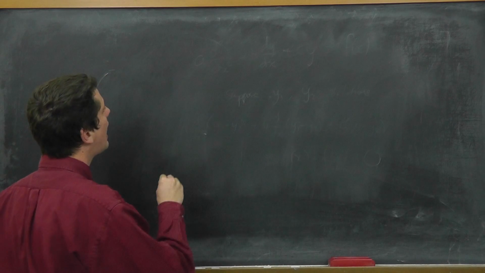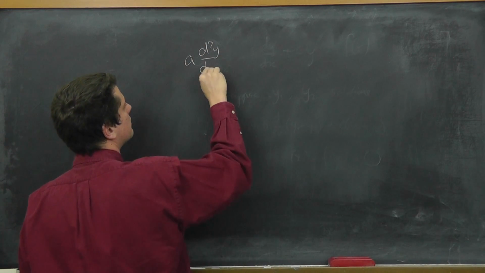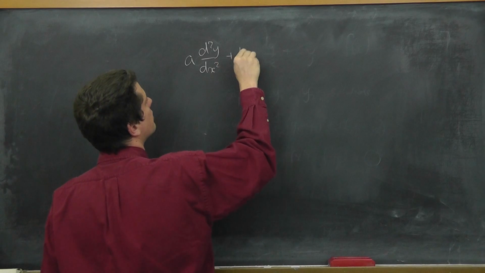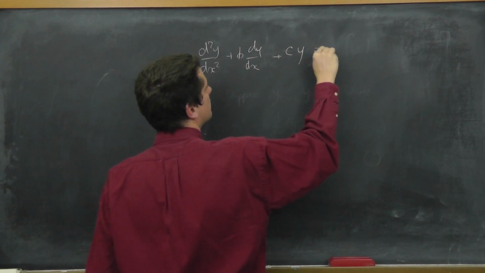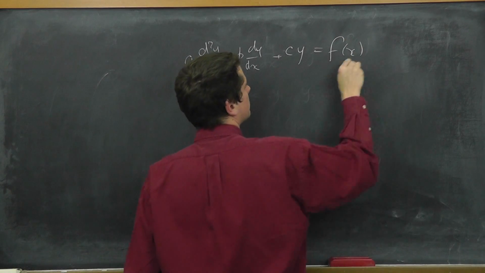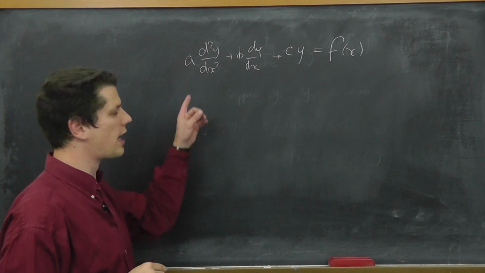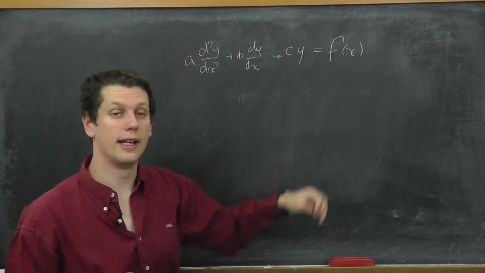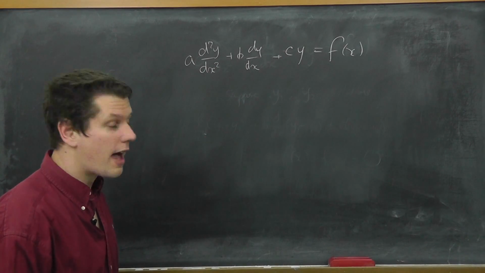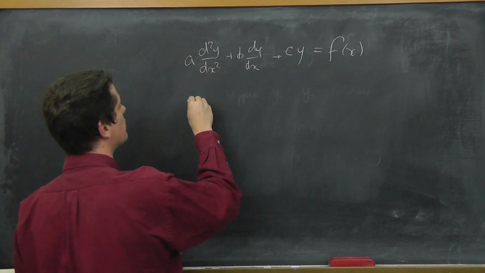Suppose we have a solution to the differential equation a times the second derivative plus b times the first derivative plus c times y is f of x. And then suppose we can also solve the homogeneous version of the equation.